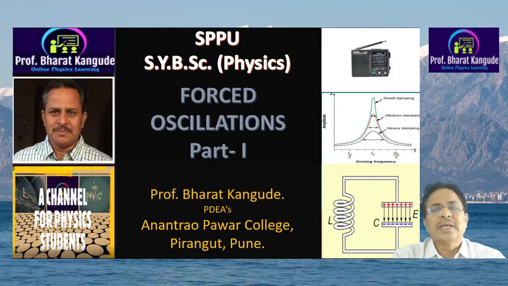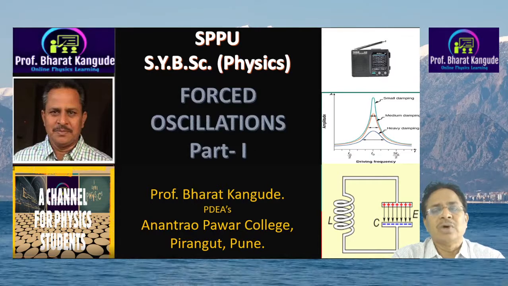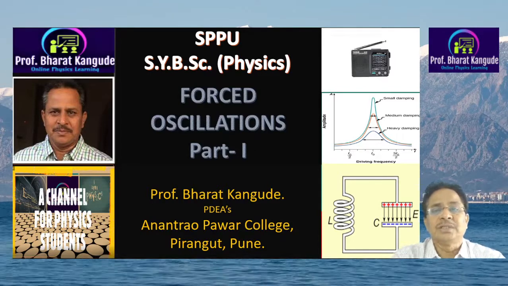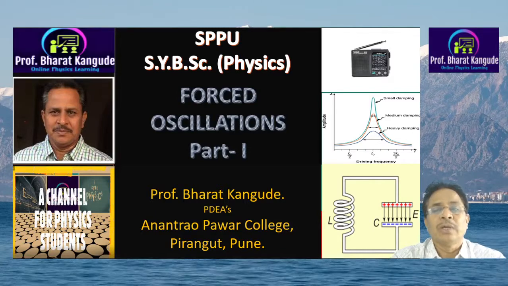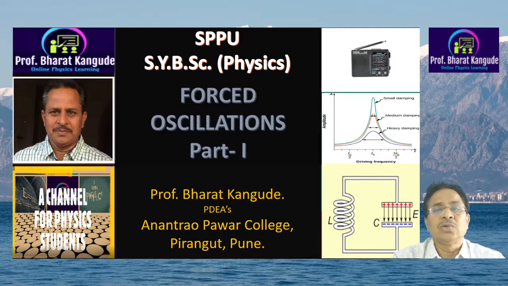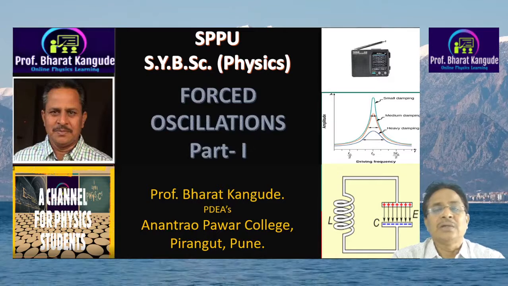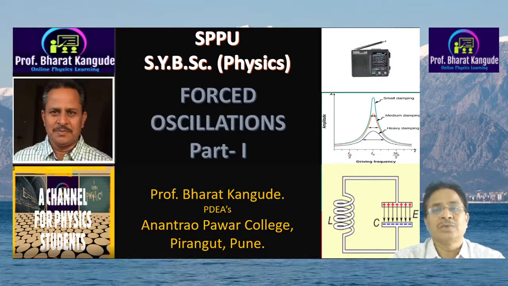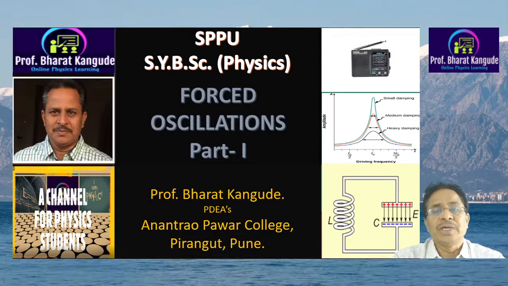In that case, the energy of an oscillator is always constant. It only gets transformed from kinetic to potential and potential to kinetic. Such an oscillator is said to have frequency omega, given by root k upon m.